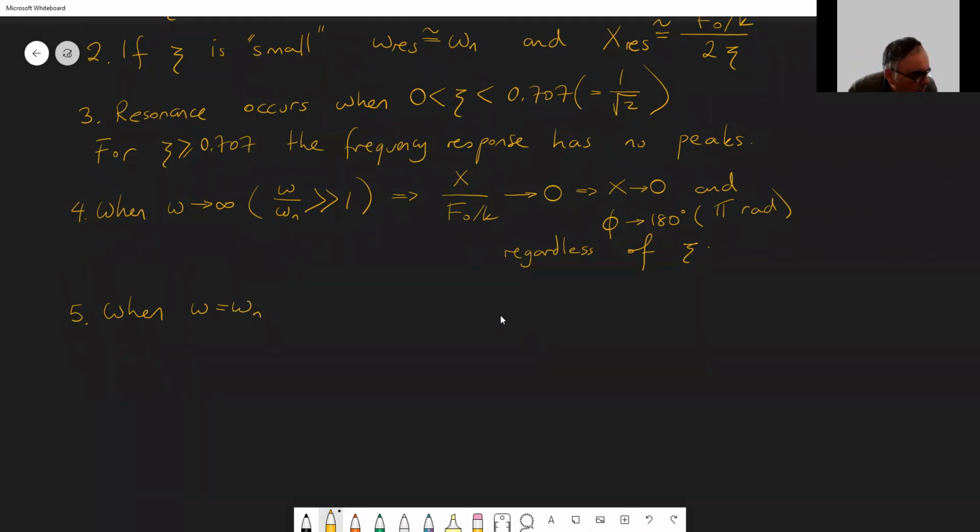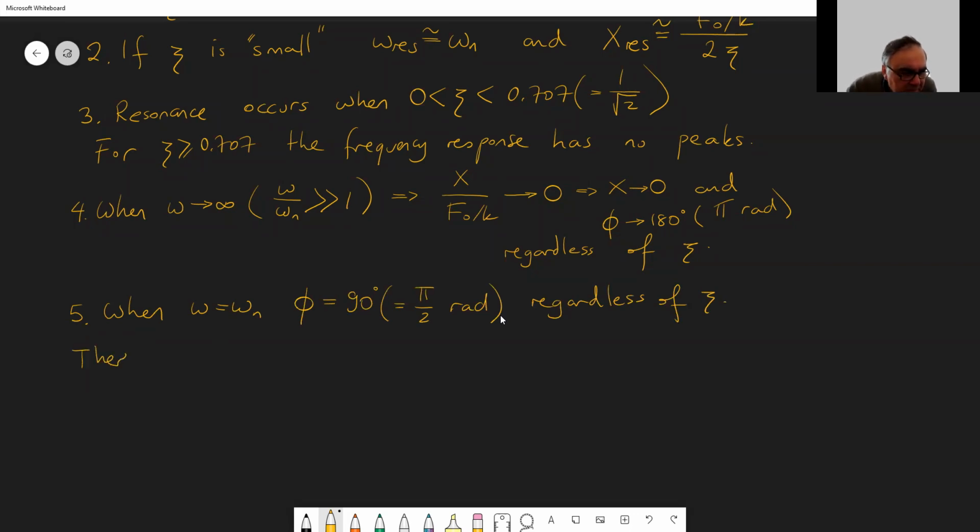When omega equals omega n, the phase angle phi is 90 degrees, which is equal to pi over 2 radians, again, regardless of the damping ratio.